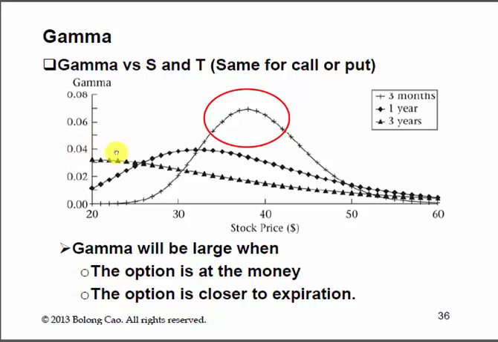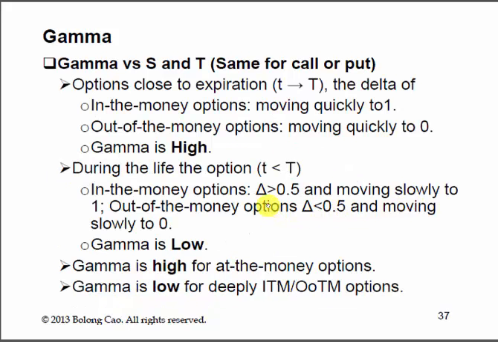At a low stock price, in the money for put, out of the money for call. On these two ends, gamma is low, because the change in delta will be slow.